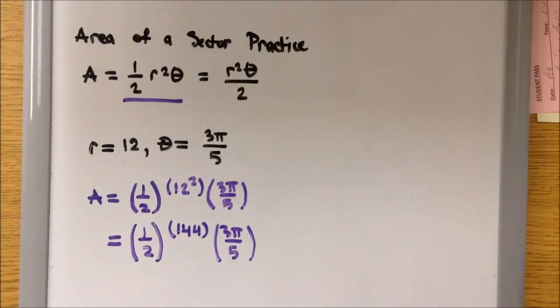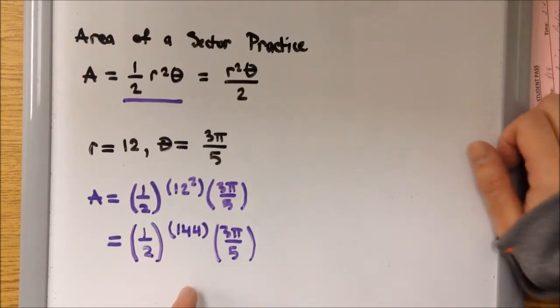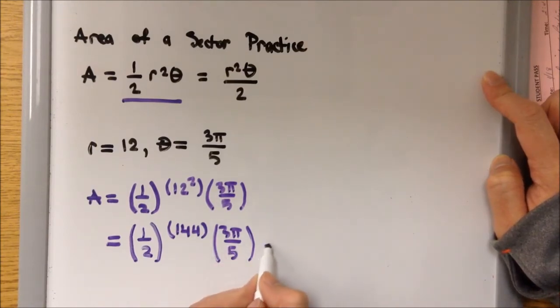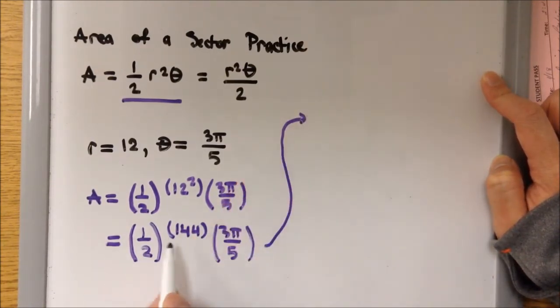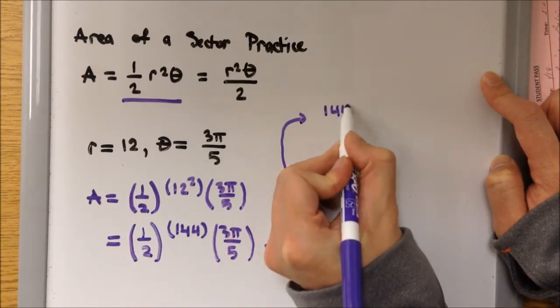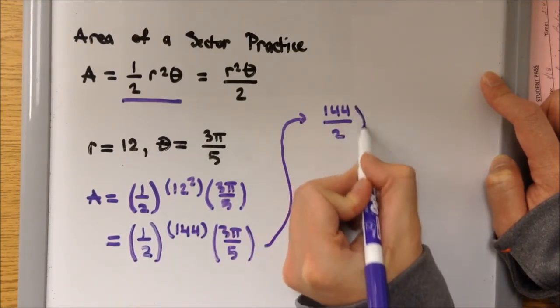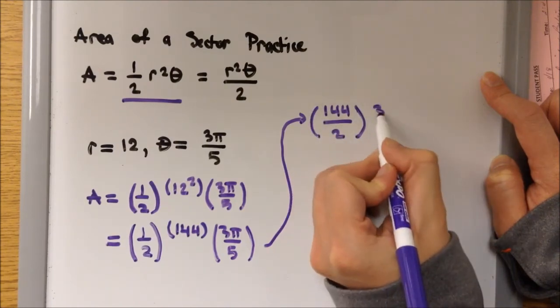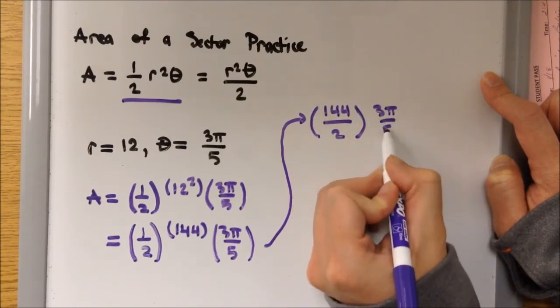Alright. So you can multiply the 144 to the 1/2, or you can multiply the 144 to the 3 pi over 5. But to make it easy, let's do 1/2 of 144. I'm just going to do this step by step. First I multiply the 144 by the 1/2, which is 144 over 2, times 3 pi over 5.